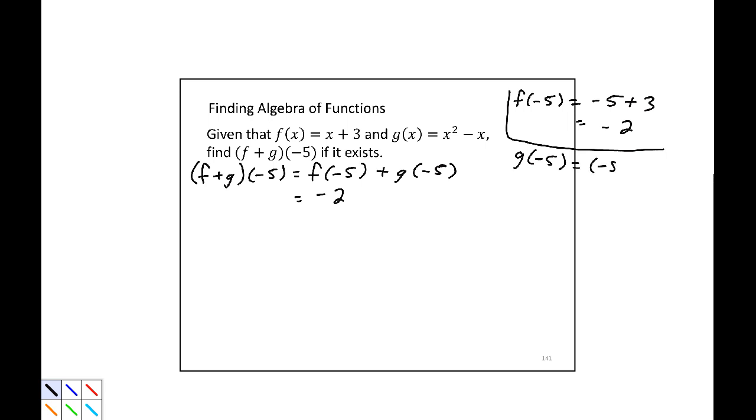That would be (-5)² minus -5. So that would be 25 plus 5, because of the two negatives, which would be 30. So -2 + 30 would be 28. So (f + g)(-5) is 28.